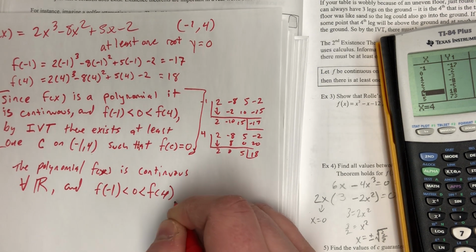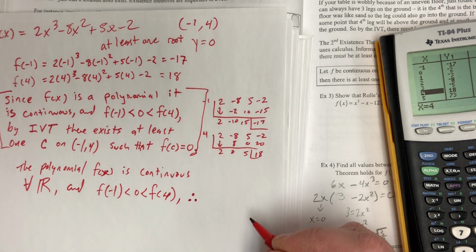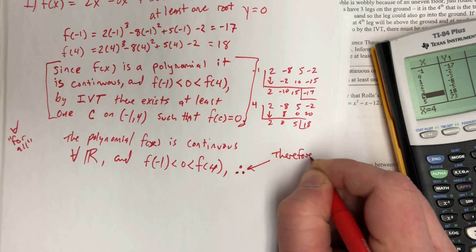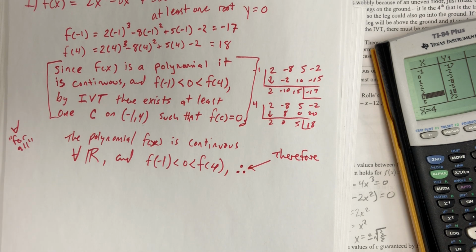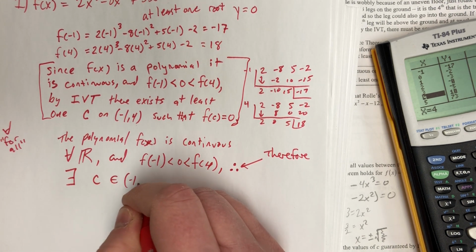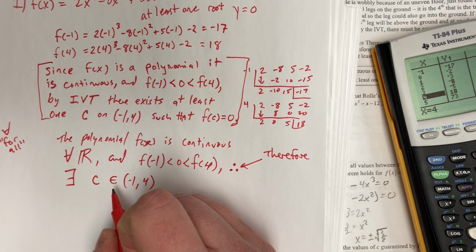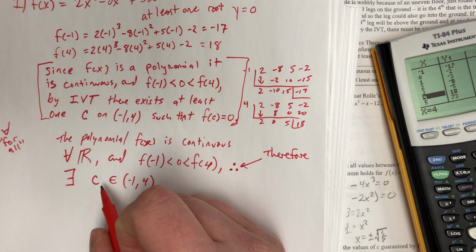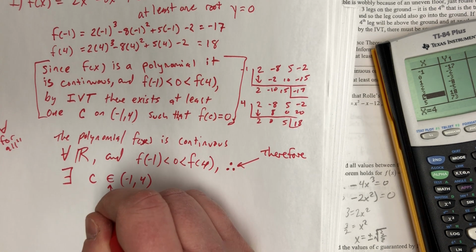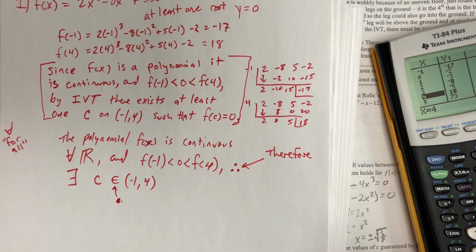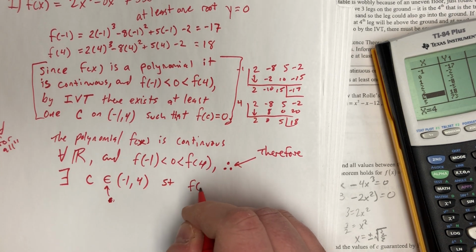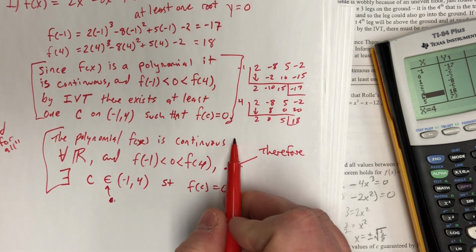I think I'd still say that the same way. Therefore, there exists c in negative 1 to 4, such that f of c is equal to 0. Three dots means therefore, or in conclusion. The symbol for element of, or contained within, is like a little sigma, I think. So not terribly shorter.